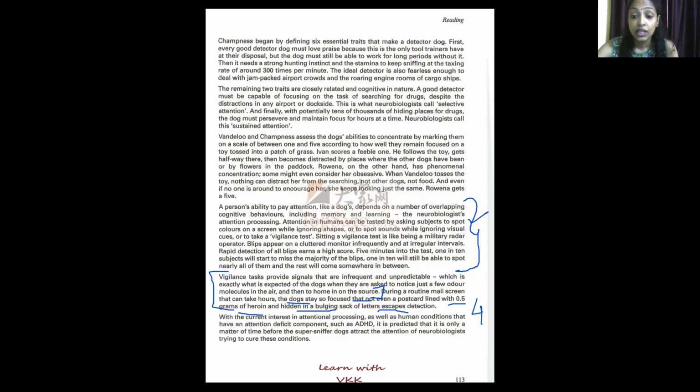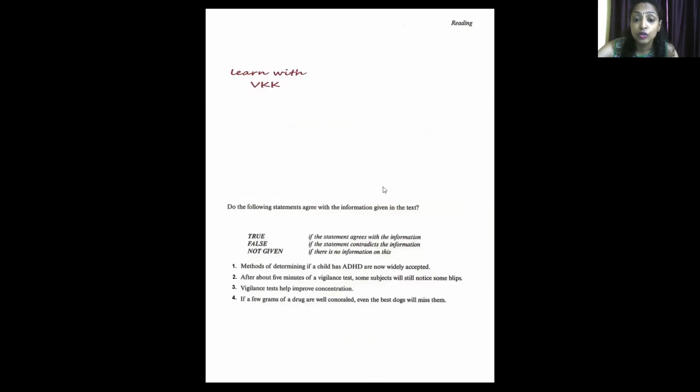And number 4, if you look at this particular portion again, the dogs stay so focused that not even a postcard lined with 0.5 grams of heroin escapes detection. It does not escape detection. So if it does not escape detection, I go to the 4th question again.